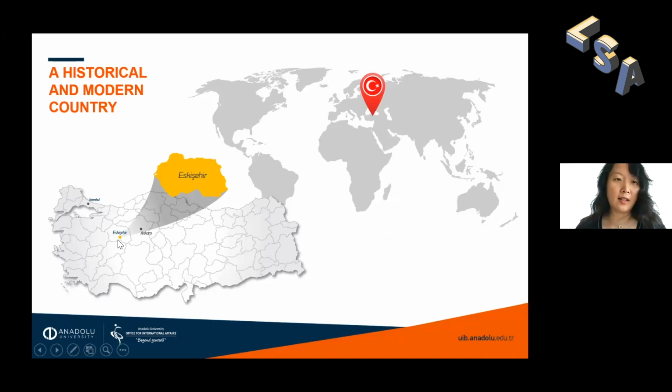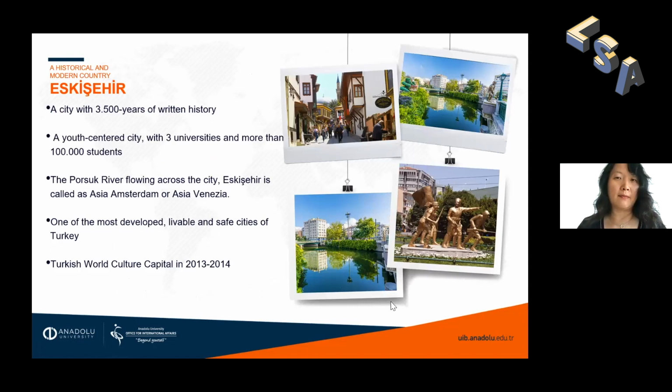And Eskişehir is here, in the heart of Turkey. This is the capital city, Ankara, and Istanbul is the biggest city in Turkey. So it's very convenient, with transportation from Istanbul and Ankara by express train, after arriving by plane, I'm sorry. And this is a historical and modern city.